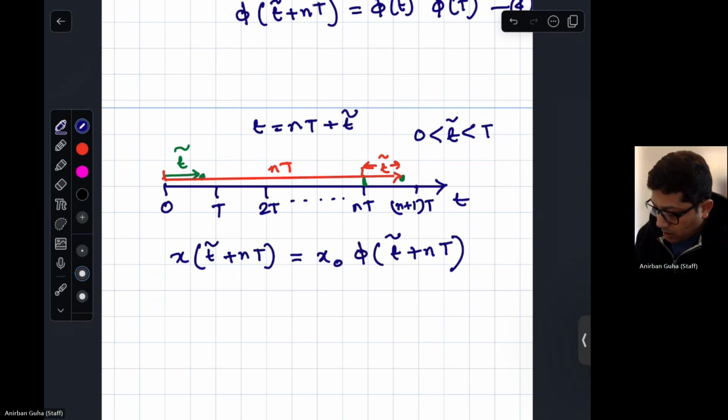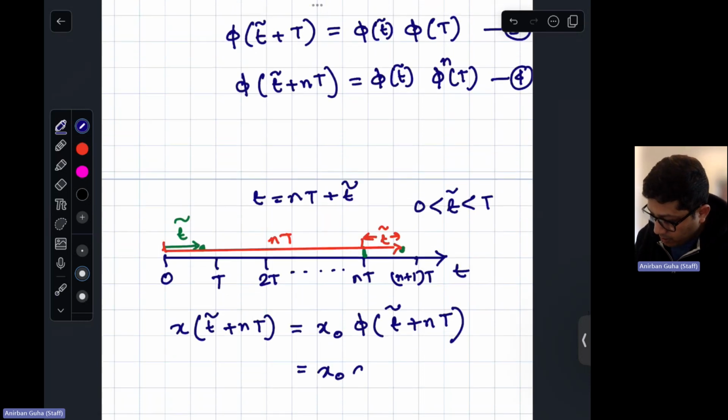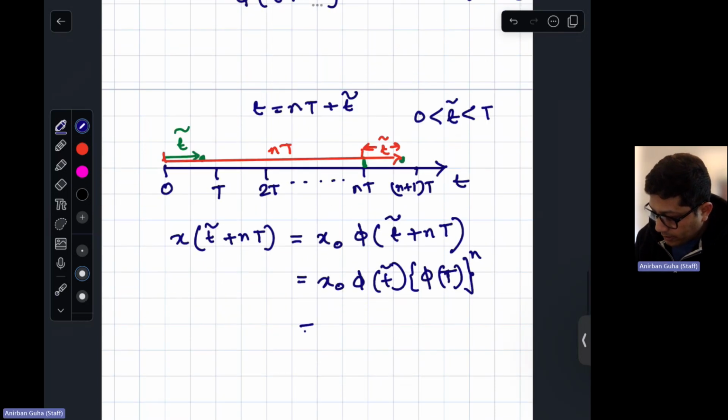Now the right hand side from equation 4 is phi of t tilde, phi of t to the power n, which we write as x0 phi of t tilde phi t.